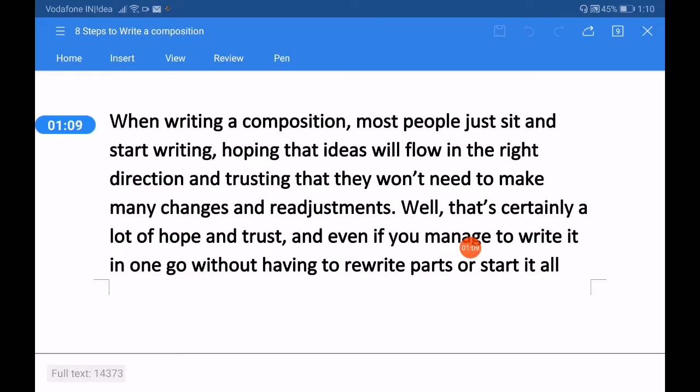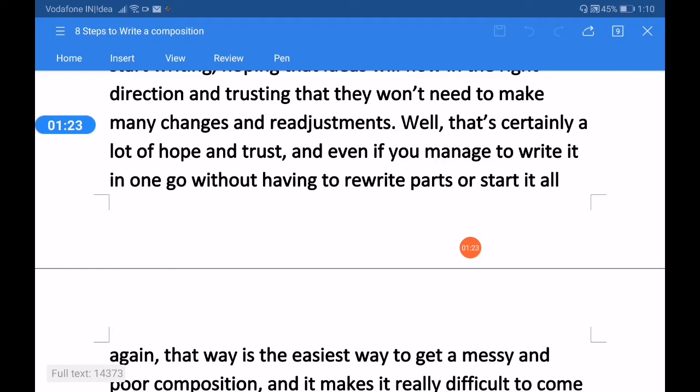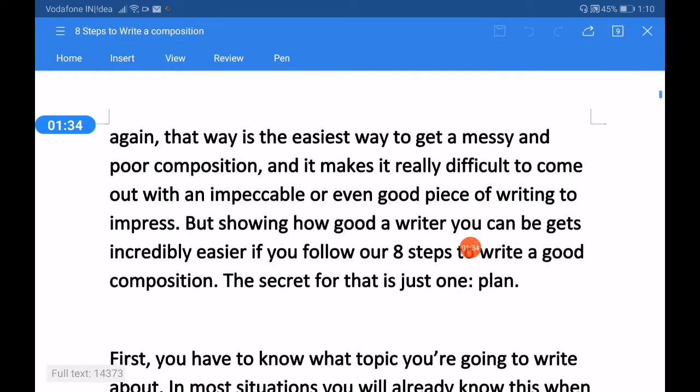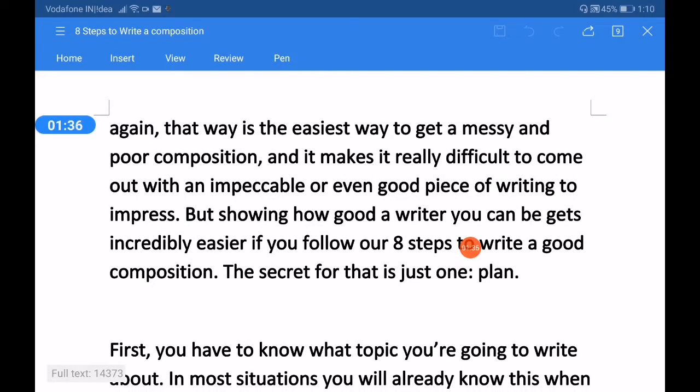When writing a composition, most people just sit and start writing, hoping that ideas will flow in the right direction and trusting that they won't need to make many changes and readjustments. Well, that's certainly a lot of hope and trust, and even if you manage to write it in one go without having to rewrite parts or start it all again, that way is the easiest way to get a messy and poor composition.